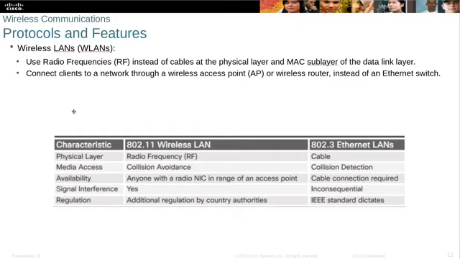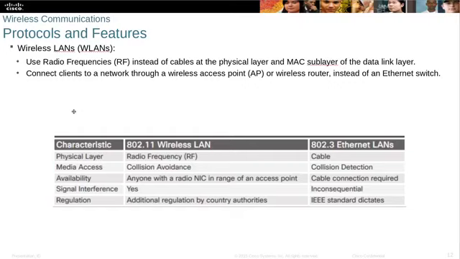Availability: wired LAN, we need to have a cable connection. Wireless LAN, anybody with a wireless network interface card in range of the access point. Signal interference on a wired network is relatively light. In fact, if it's using fiber optic cable, it's almost nothing. Signal interference on a wireless network can be considerable.